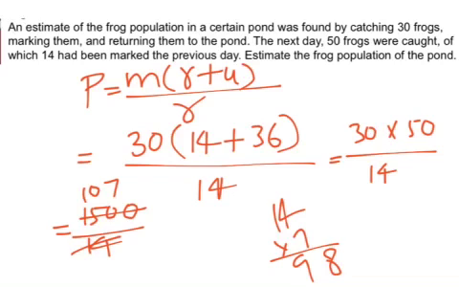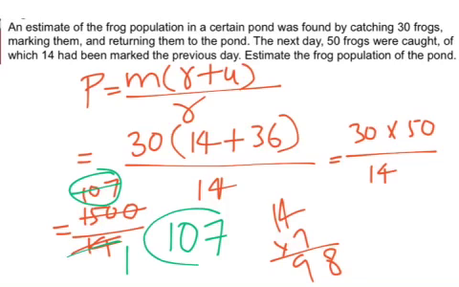P equal to M into R plus U by R. 30 in the first capture, and 14 marked are again recaptured, and 36 the new ones unmarked. So 30 into 50 by 14, approximately we get 107 here.